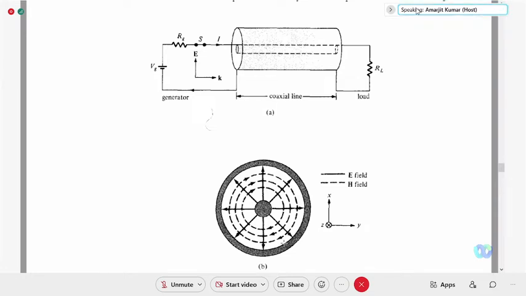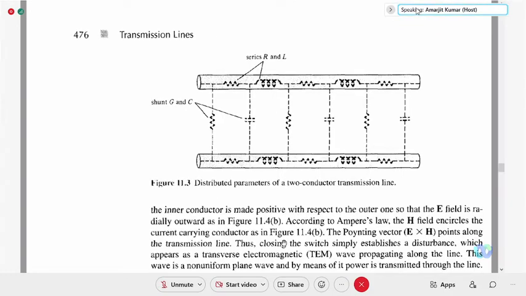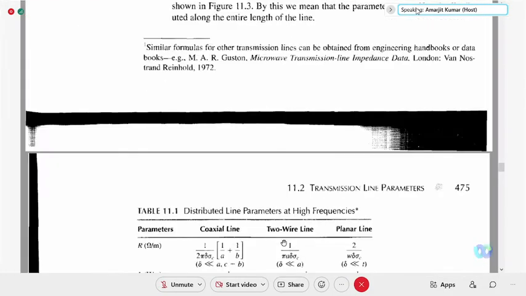Then voltage and current can be expressed in terms of the electric and magnetic field. V is equal to minus integral E dot dl, and I is equal to closed integral H dot dl. It is written here. From where is it written?